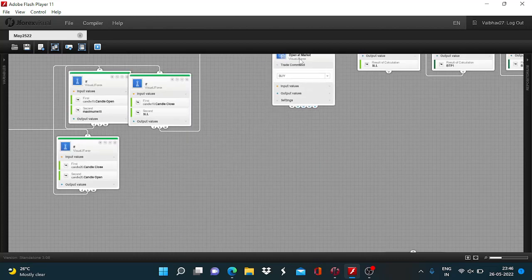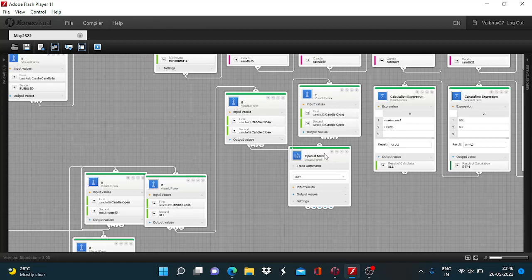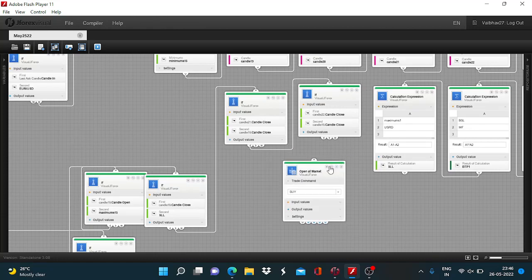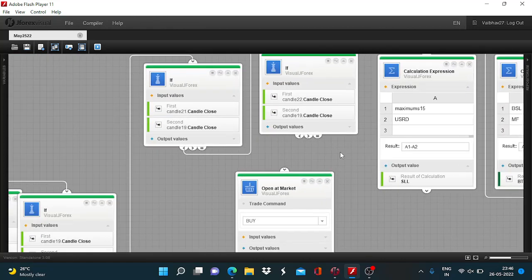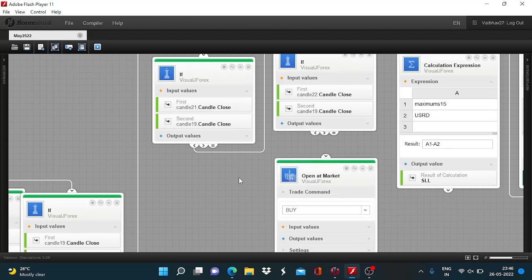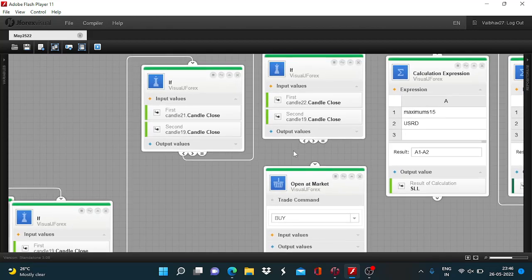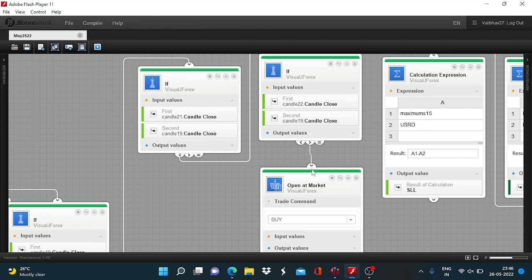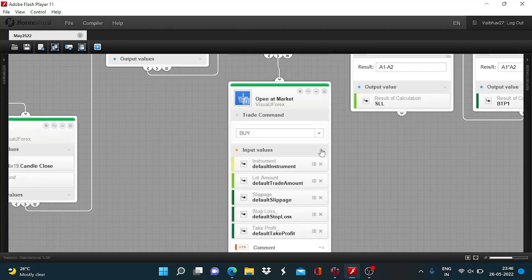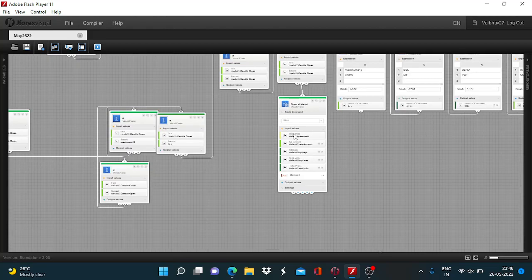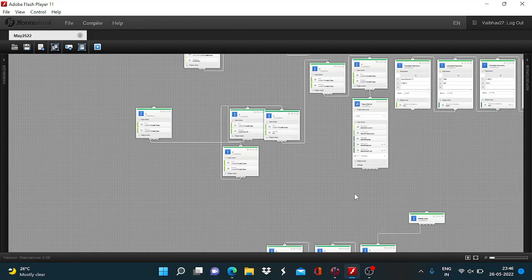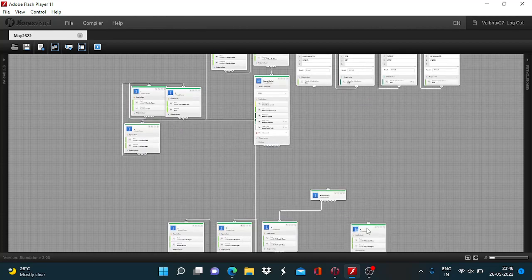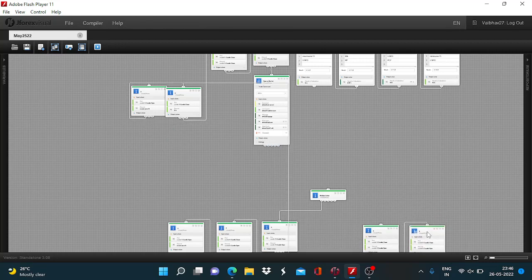After that, we bring in the open at market block to join it. So first input greater than second input, then it becomes a sale trade. Prior to defining the parameters for the trade command block, I will arrange these blocks on the lower side, which might take not more than a few seconds.